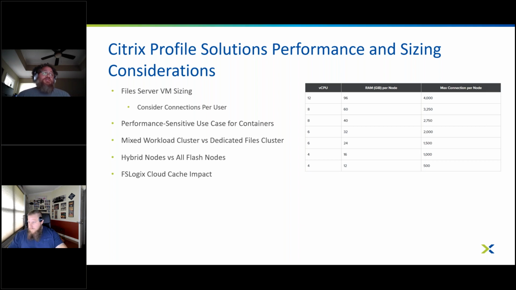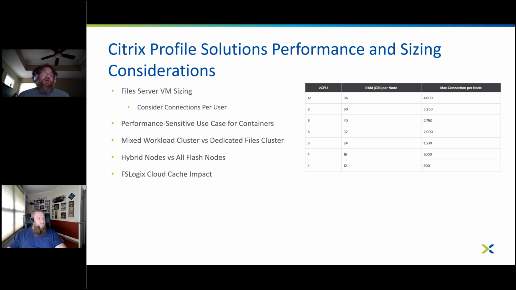FSLogix Cloud Cache, in our testing, and we're doing some more now and going to be publishing a solutions guide for this, when you add Cloud Cache into the mix, that workload cluster does see heavy performance impact. So just be careful there. Typically with customers, we're seeing nodes with larger SSD tiers or more than 2 SSD disks in them, or looking at all flash, because of the overhead that we see with Cloud Cache, especially on a mixed workload cluster with the VDAs and files.